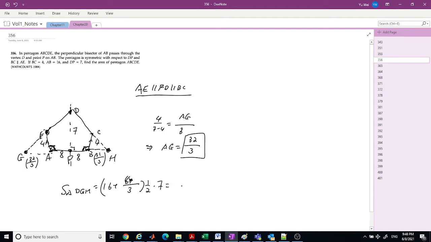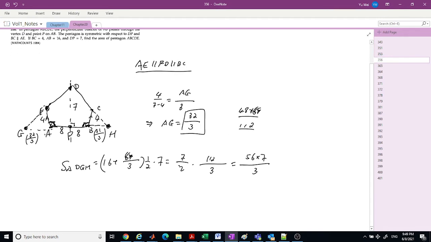So this one is 7 over 2 times 48 plus 64 over 3, right? 48 plus 64 is 112, right? So it's over 3, then it's 56 times 7 over 3.